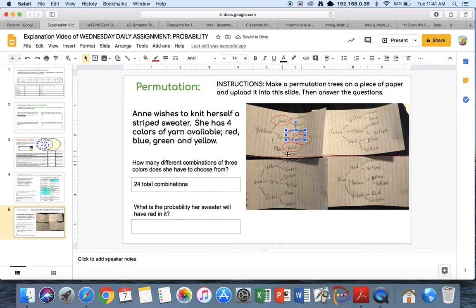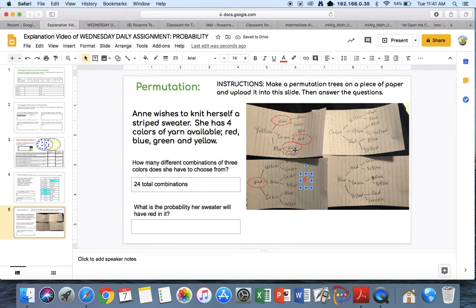Oh, I have red here, but this red goes to this one, this one. So there's 6 red here. So these all would have red. So I'm gonna type in a little 6 there. Maybe I'll do that for each picture.